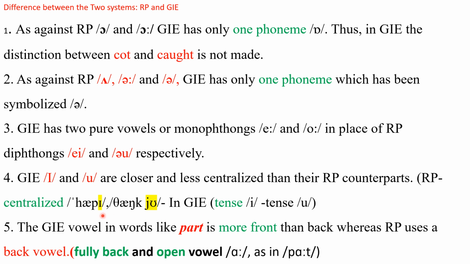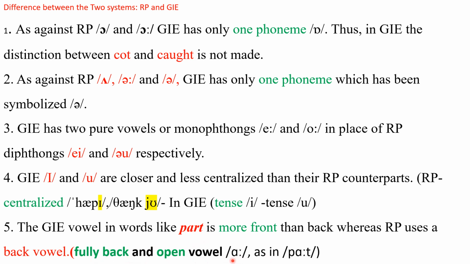See the examples. The GIE vowel in words like pot is more front than back, whereas RP uses a back vowel. So in RP, pot is a fully back and open vowel.